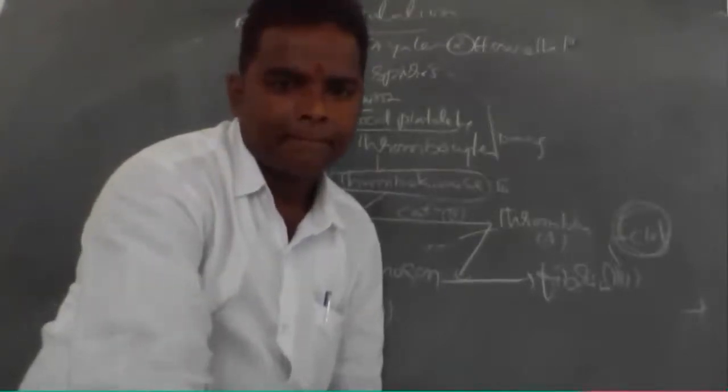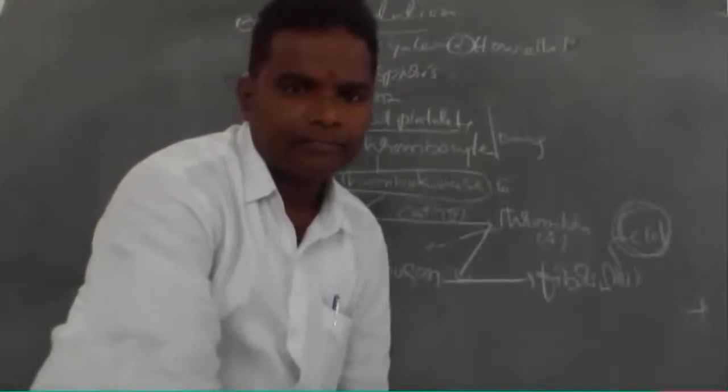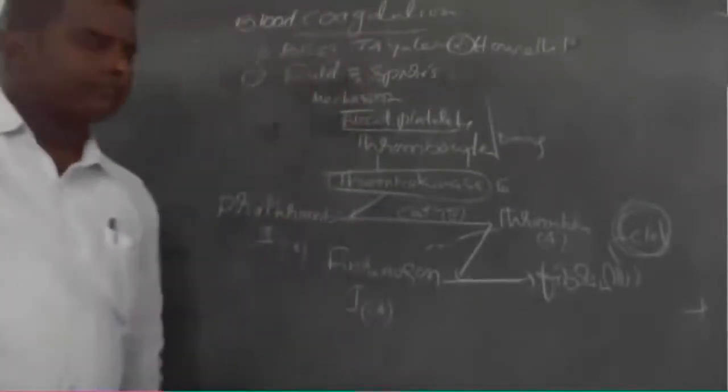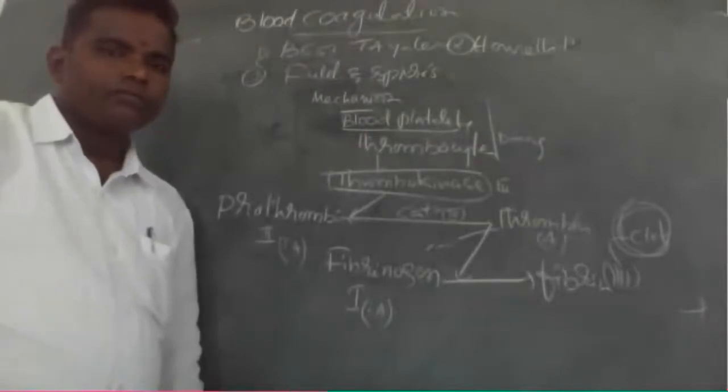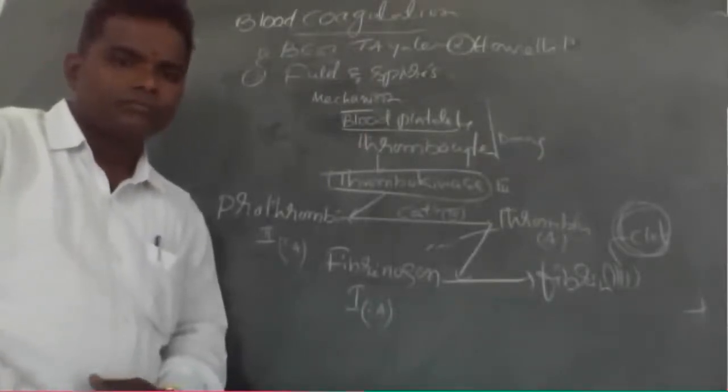When the blood platelets, the thrombocytes, are damaged, thrombokinase will be produced. This thrombokinase will activate the inactive prothrombin, and this thrombin will activate the fibrinogen. Fibrin is formed as a clot, and blood clotting will happen.